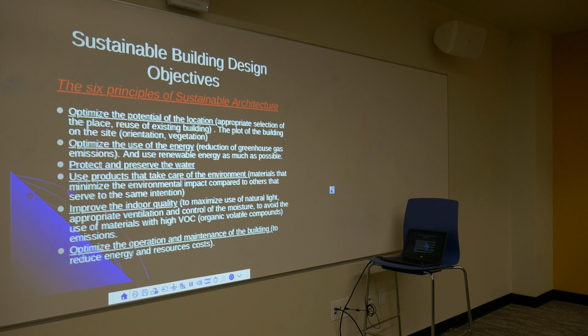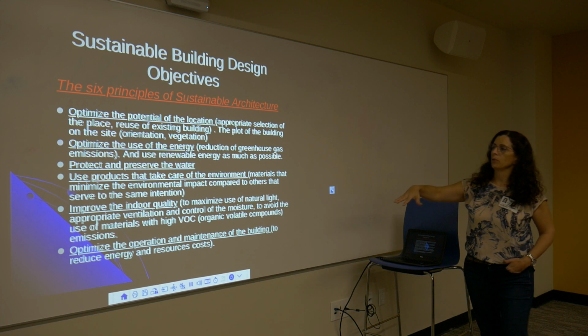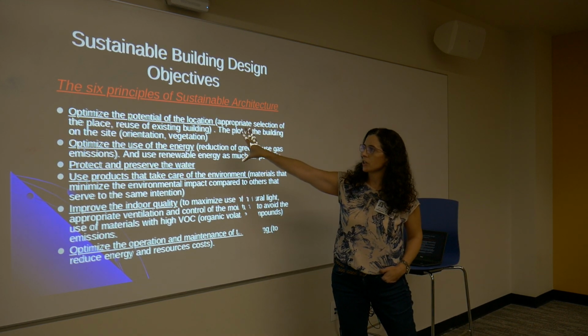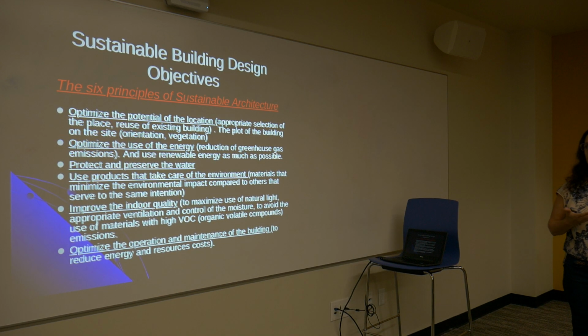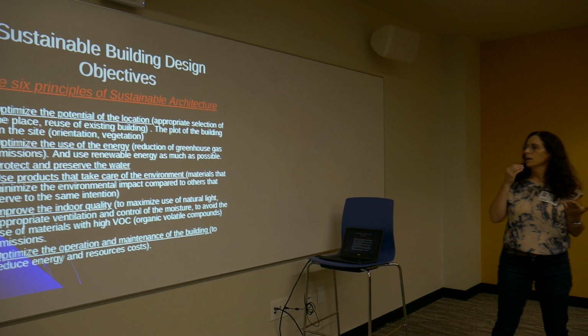So the 6 principles of sustainable architecture, and I'm going to tell you all of them, but we are going to concentrate on the first 3. It's optimize the potential of the location, which is when you position your building on the field, what is the best way to do it sustainably.